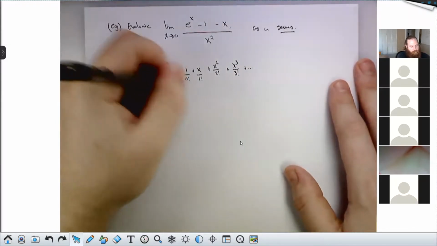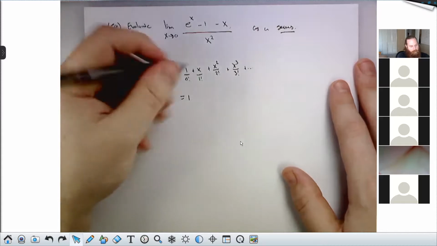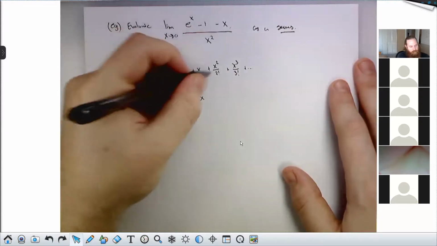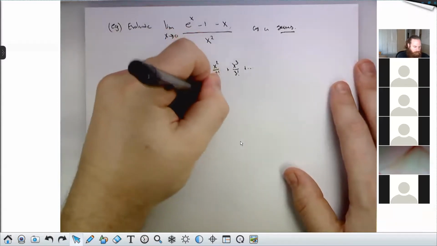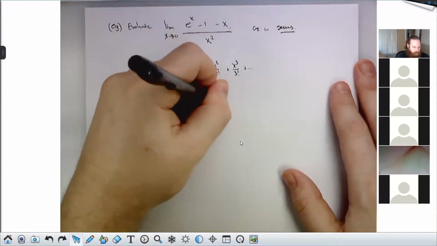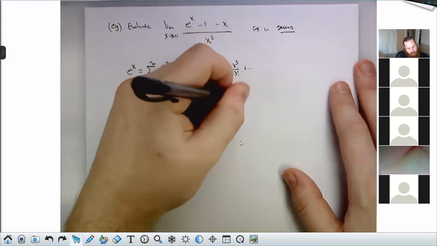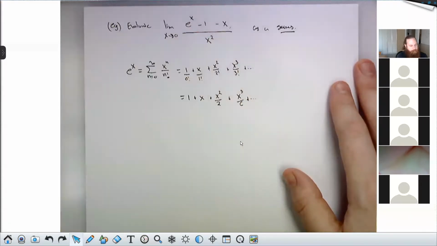Now 0 factorial is 1, so that first term is just 1. 1 factorial is also 1, so that next term is x. 2 factorial is 2, so this is x squared over 2. 3 factorial is 6, this is x cubed over 6, and so on.